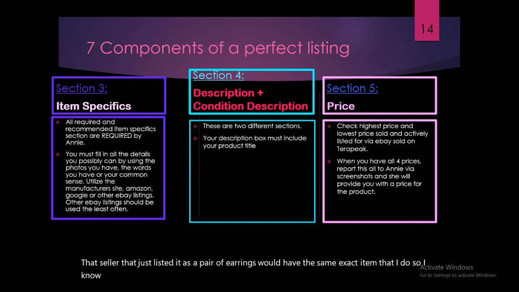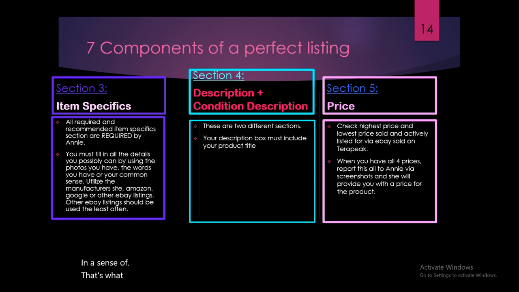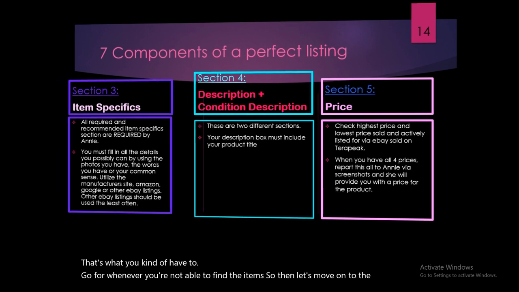So I know that's like a really generalized example, but think of it in a sense of that's what you kind of have to go for whenever you're not able to find the items. So then let's move on to the next slide.